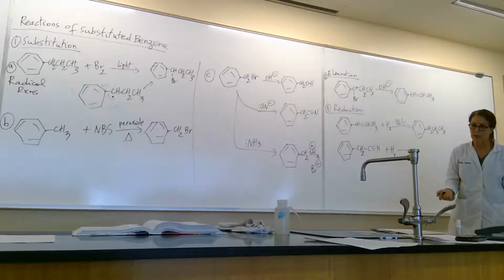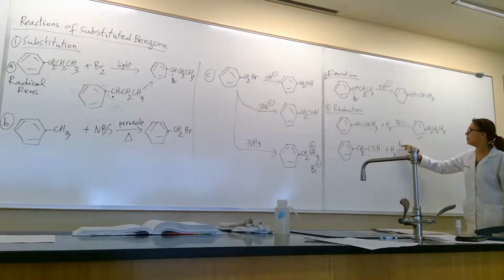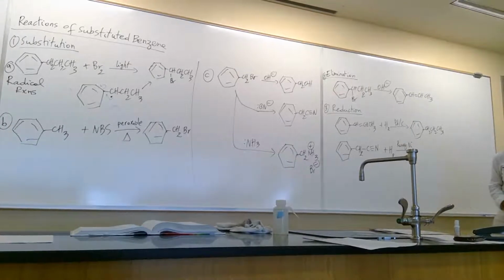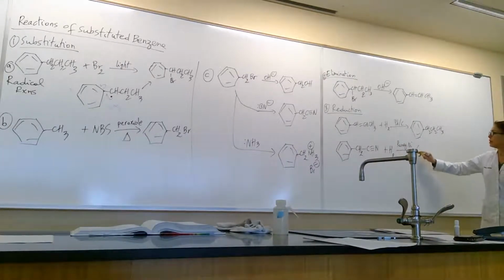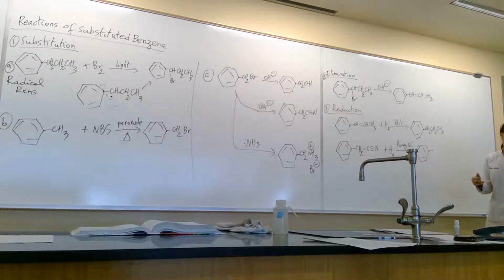So in this case, you would need Raney nickel. And then you end up with what? If you're going to reduce, it means all the multiple bonds become single bonds. So you're going to add hydrogen, so it's going to be CH2, CH2, and H2. So we keep adding until you have no more pi bonds.